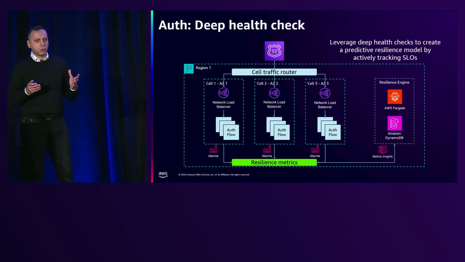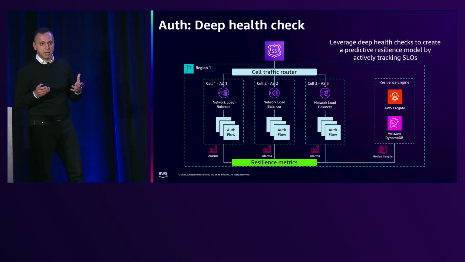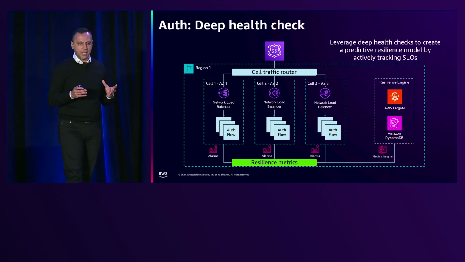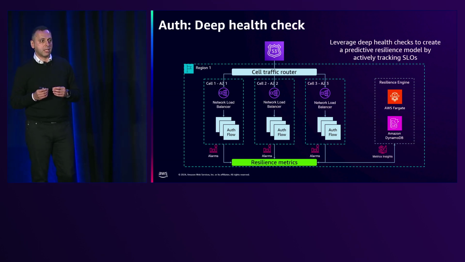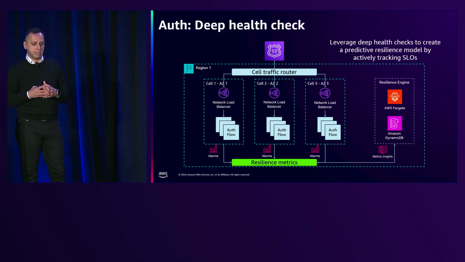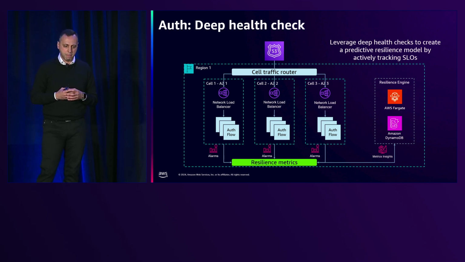So let's walk through some of the attributes of this design and some of the benefits that we've gained out of it. First one is the deep health check. We've implemented deep health checks to accurately understand the health of our cells, all the way down to a transaction level. By sending frequent traffic into that cell and alerting on all the failures or issues that might impact that cell, we're able to understand the health of that cell and shift traffic when issues arise.